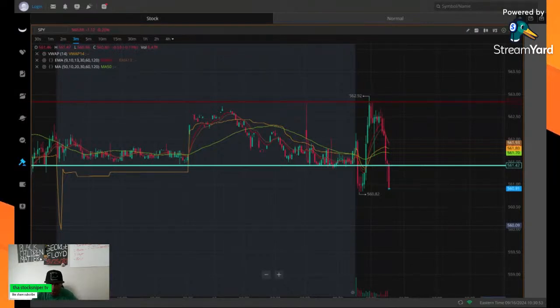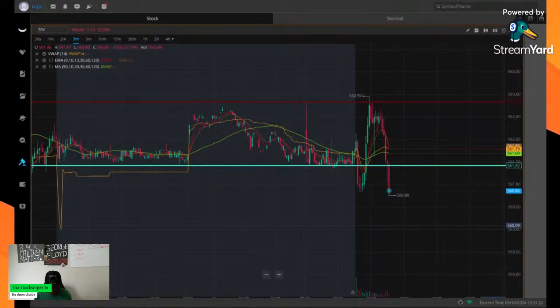Market is dumping. If it goes under this 560.82, we're gonna see another fall. It broke resistance and it broke support. Let me see.